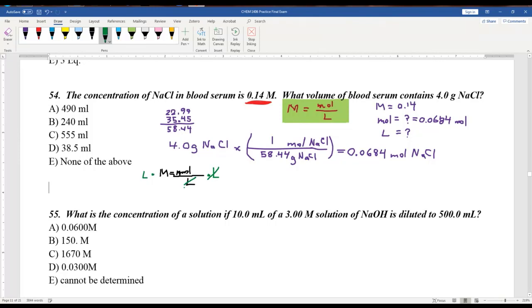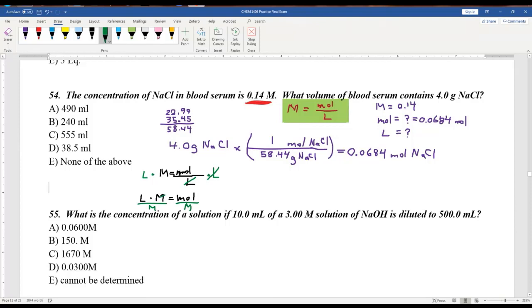So liters is going to cancel out here, and I'm going to end up with the equation: the moles is equal to the liters times molarity. However, since I'm looking for liters, I don't want to stop here.